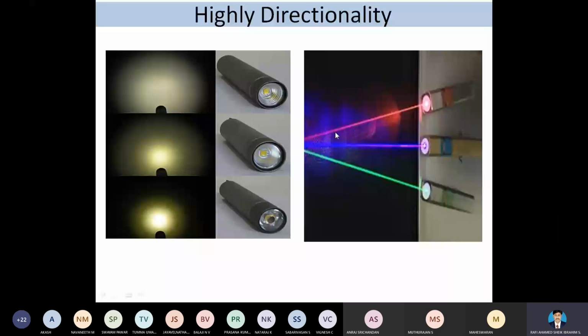The angular spread will not change. But for the ordinary torchlight, based on the distance, it will change. When the distance is less, brightness is more. When distance is increased, then the brightness will completely reduce. So this is the first characteristic, high directionality.